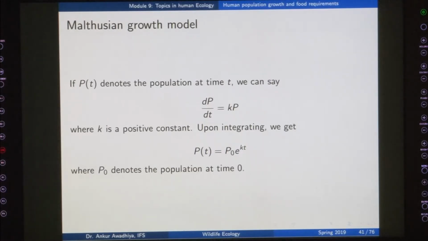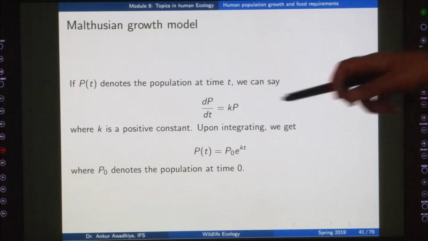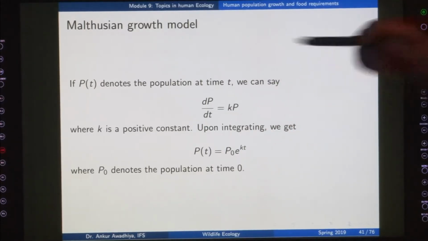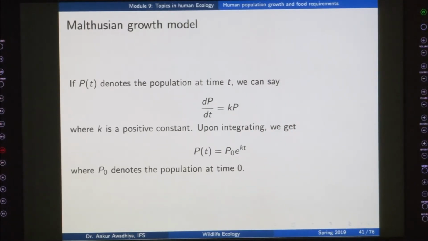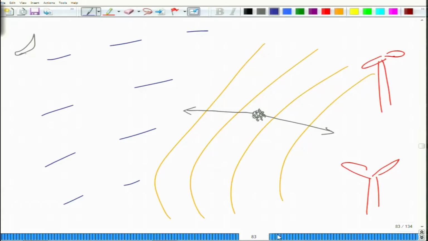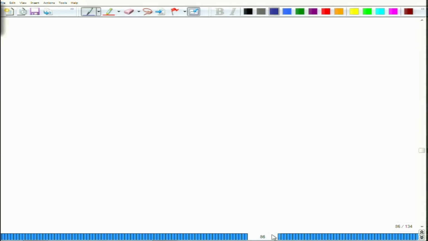Essentially what this is saying is that you have a population that is increasing. The rate of increase of the population will be proportional to the population that is present at that particular point of time.